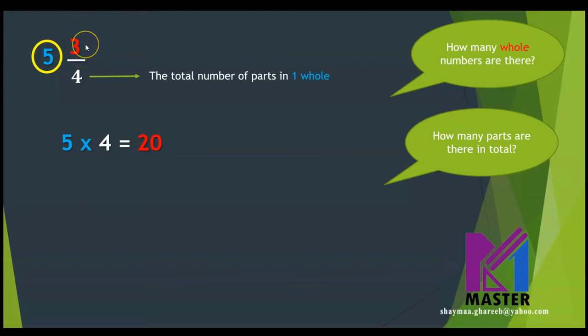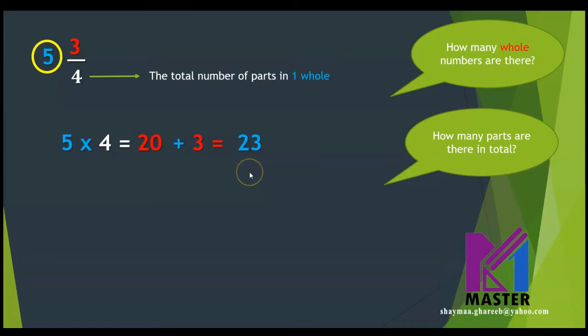It's the number of the remainder parts. So I will add it to the 20 to get the total number of small parts in this number. So 20 plus 3 will be 23. Then I got all the number of the parts in this mixed number.